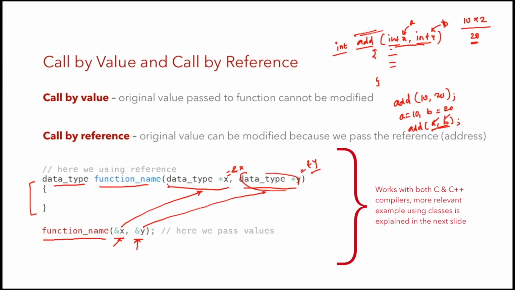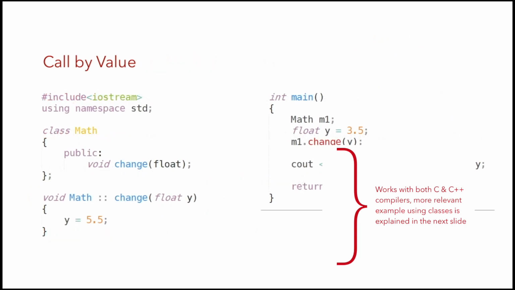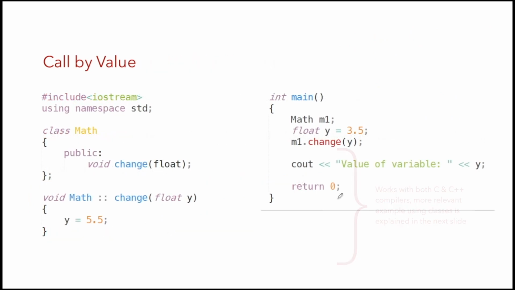Okay, so let us try to understand this with an example. In case of call by value, let's say I have a class Math, and then I have a public function change to which we're just passing a single float value. So here is the function definition of function change which belongs to class Math. I'm accepting one float variable, that is y, and then y is equal to 5.5.